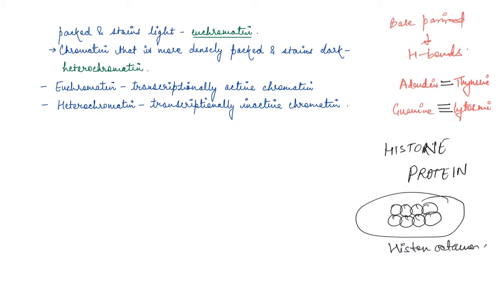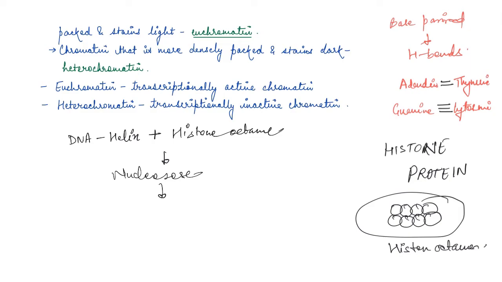So, guys, I'll repeat one thing again as we have just finished all about DNA. So, basically, we have DNA in the form of helix. Then we add histone octamer and we form nucleosome. Now these nucleosomes form chromatin.